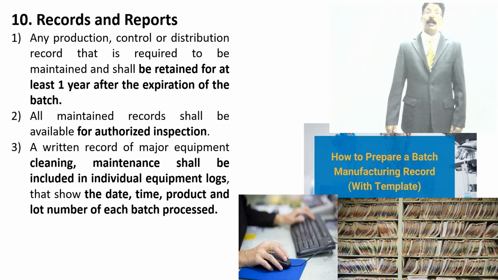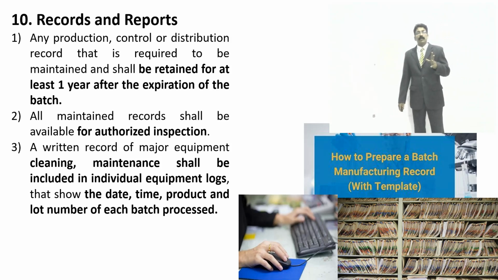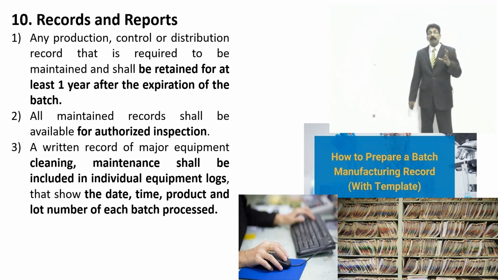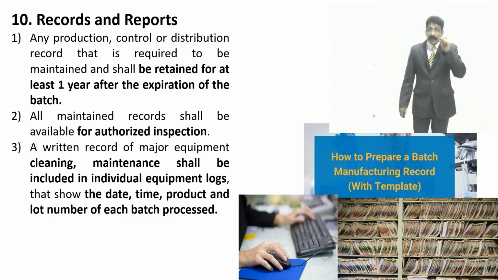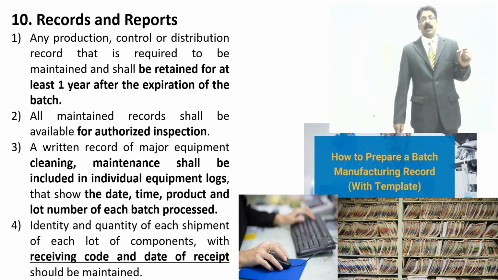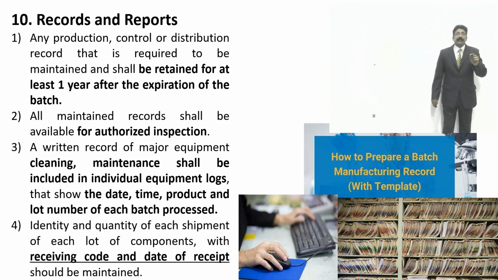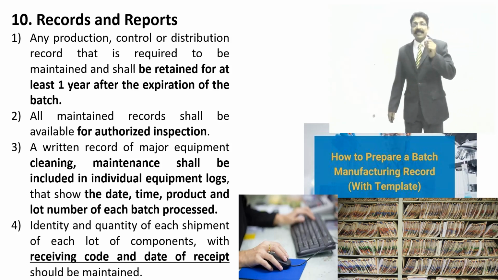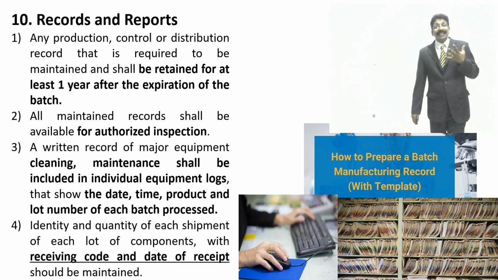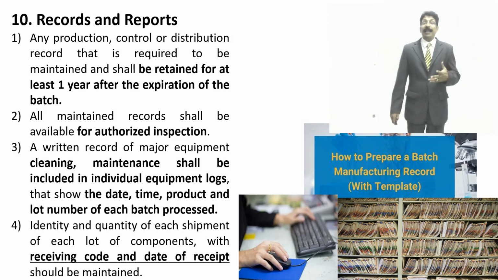Cleaning records and maintenance records shall be included in the individual equipment logs, the working logs which you are maintaining, that show the date, time, product, and lot number of each batch processed. The identity and the quantity, the amount of each shipment of each lot or each batch of component, with receiving code and date of receipt, should be maintained properly.